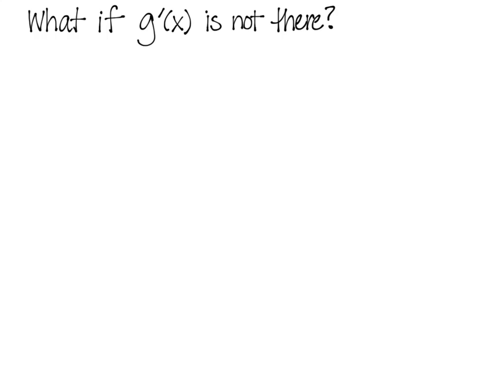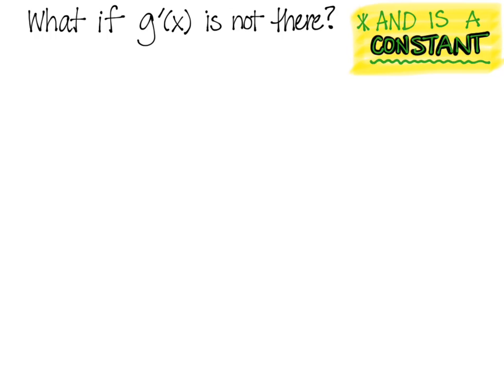But what happens when we don't see the derivative of the inner function? And the main thing is if it's a constant, that derivative of the inner function would have to be a constant. Well, here's a problem here, that if I have this one and the inner function is 5x, and I don't have the derivative of 5x, which would be 5. So let's just look at this for a moment.